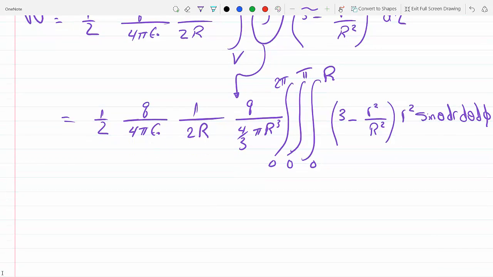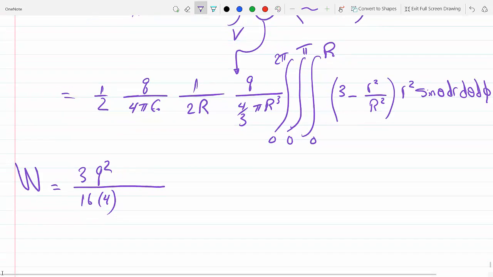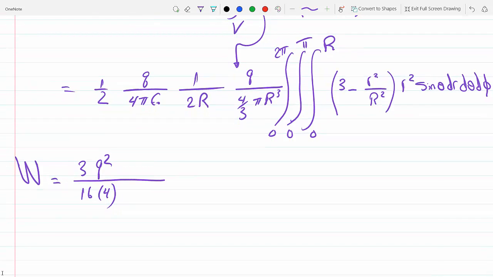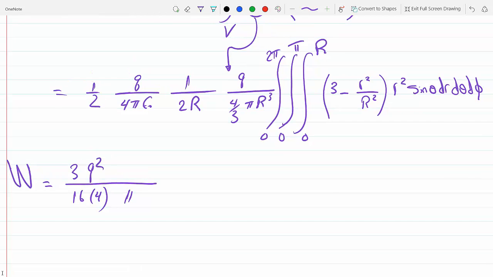Okay, so let's see what all that gets us. Let's evaluate this. So we have Q squared over... let's put these together. We have 16 times, we have a 3 here, and here we have 16 times 4, we have a pi squared, and we have epsilon, and we have R to the 4.